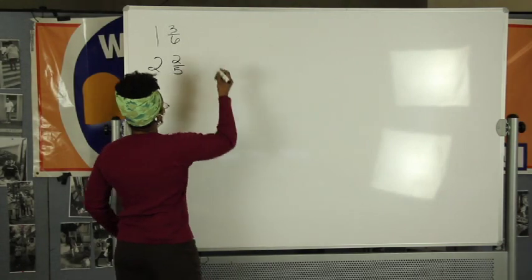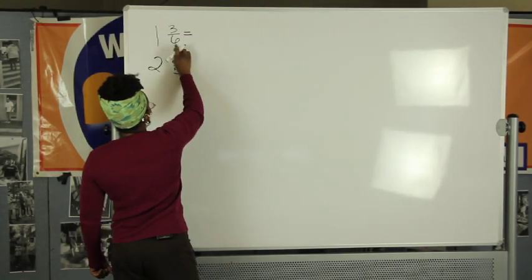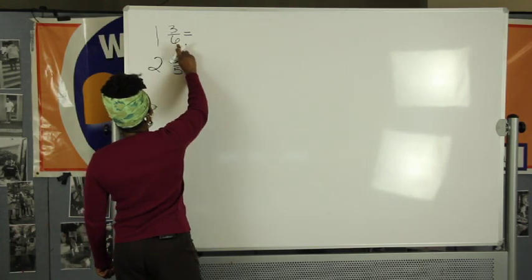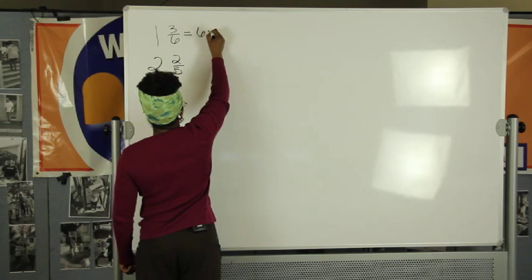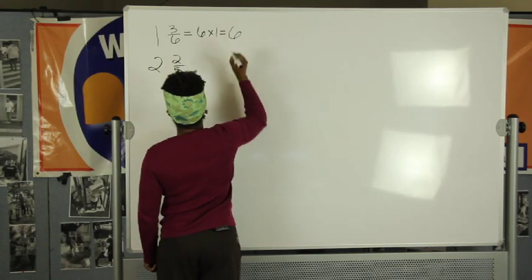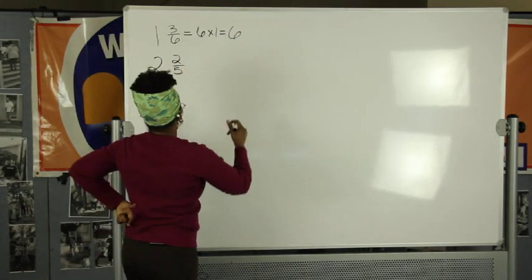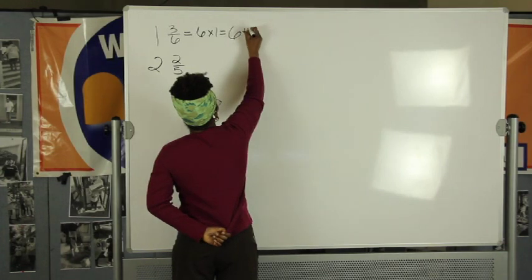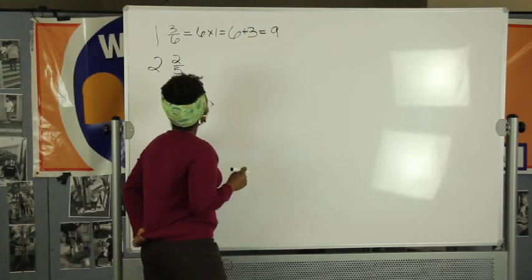So how you do that is you take the denominator and times it by the whole number. So 6 times 1, that equals 6. And then the numerator, you're going to add it to the number. And that'll be 9.